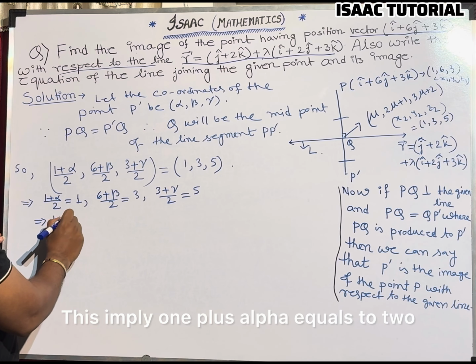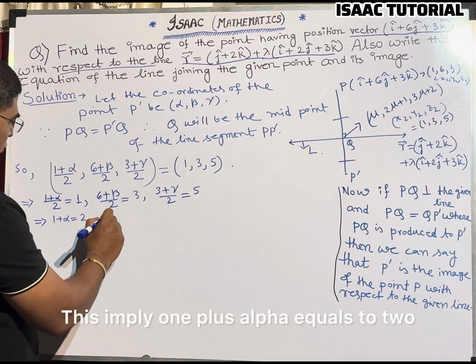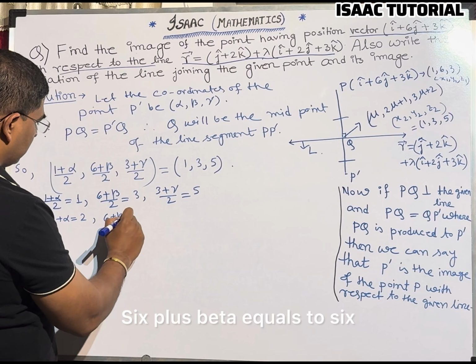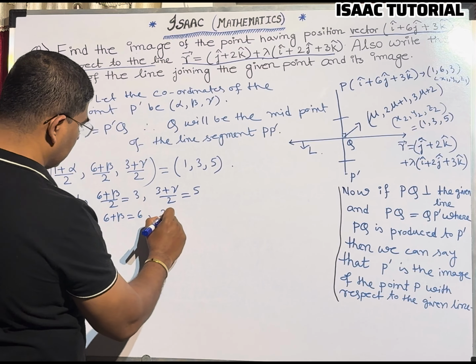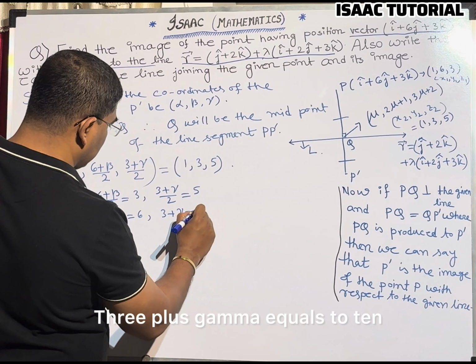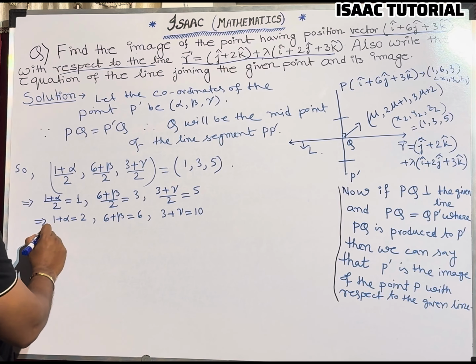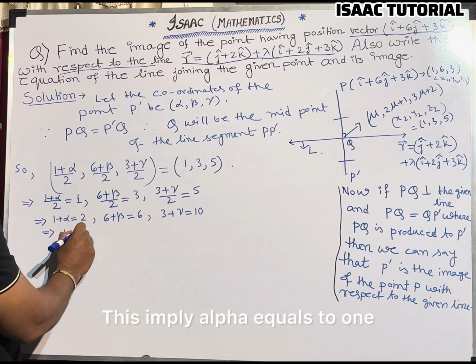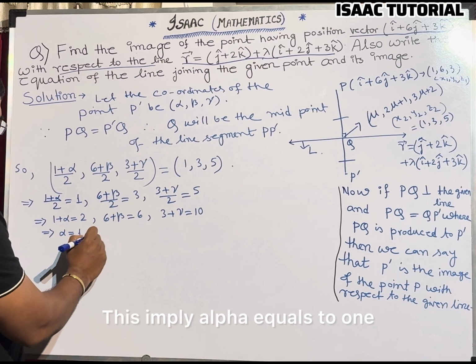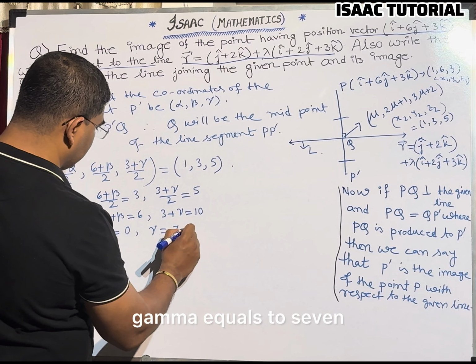This implies 1 plus alpha equals 2, 6 plus beta equals 6, 3 plus gamma equals 10. This implies alpha equals 1, beta equals 0, gamma equals 7.